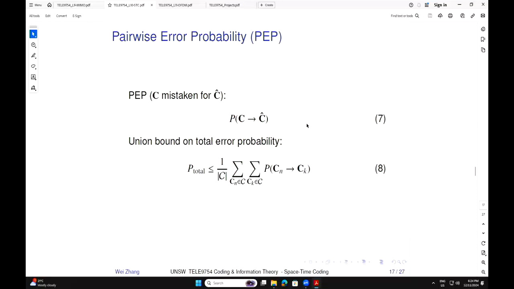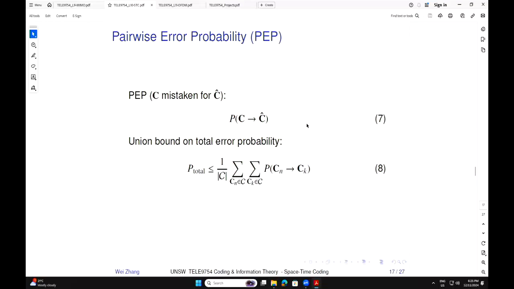So that means you got the C hat. But C hat and C could be the same, or could be different, because you try your best to decode the signal and recover the original C. However, there is a likelihood you may get it wrong. That's why we call C hat the estimation or detection of C. C is the true value, C hat is the detected one.